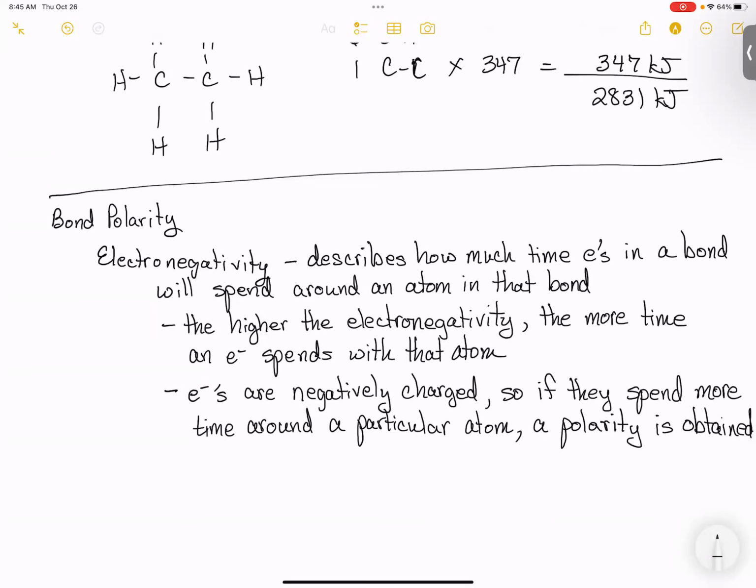Polarity comes from the word polar. It's polarized, with one end being more negative and one end being more positive.